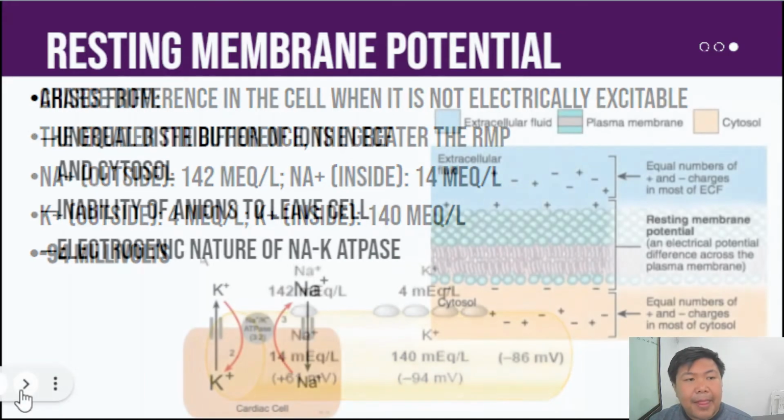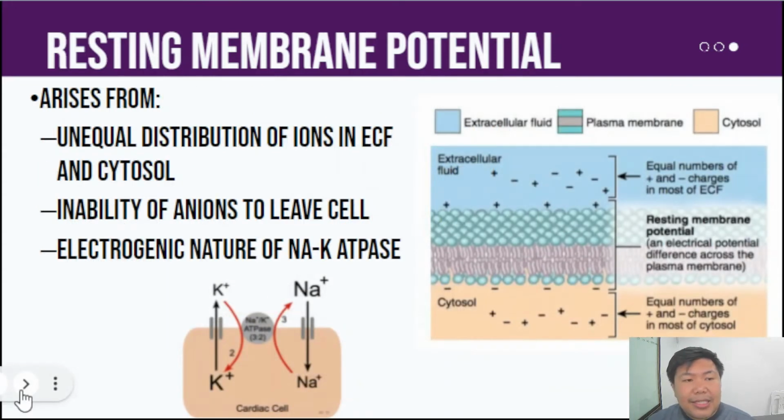Okay? Now, aside from this unequal distribution of ions outside and inside the cell, what are the other factors that create the resting membrane potential? As we can see, outside or extracellularly, the charge is more positive because there's more sodium. While inside, although there is potassium that is also positively charged, the charge inside is negative, as you can see in this image.